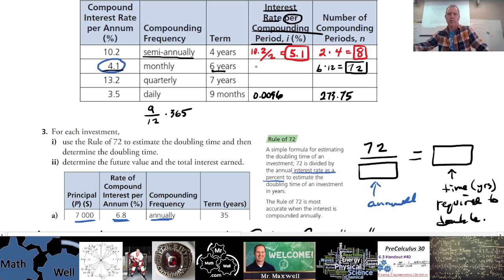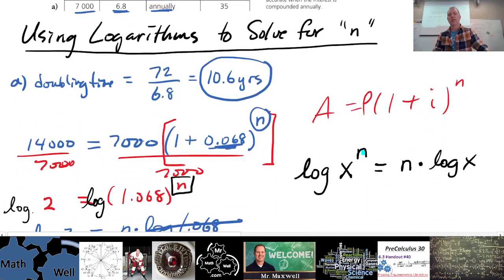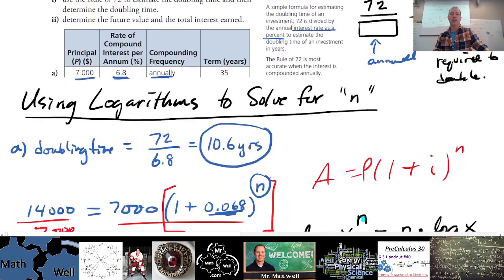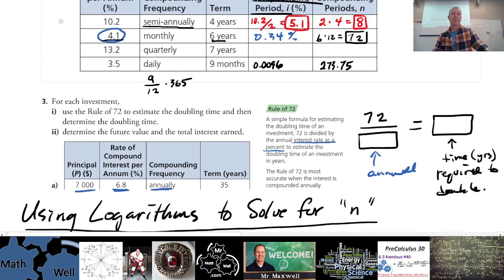I think it disappeared on me. So 4 divided by 12, what was that? 0.34%, I think. So this is the i in the equation, and then the n that you determine is going to be the number of months. Okay?